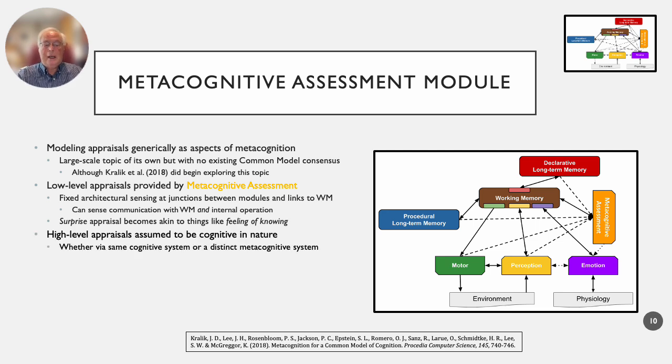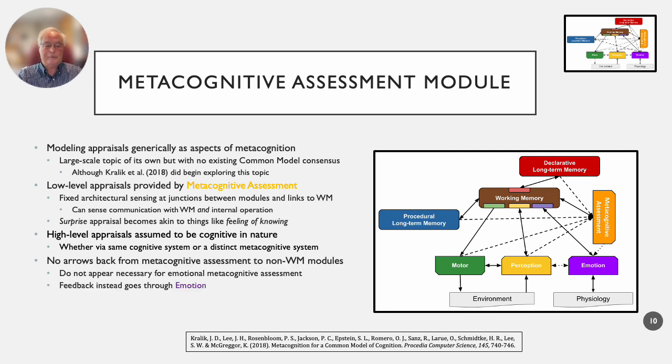High-level appraisals, as already mentioned, seem to be cognitive in nature, whether they're the same cognitive system or a distinct metacognitive system. You can find cognitive architectures that do this in both ways, and this is intended to abstract away that difference, which hopefully will be resolved when metacognition becomes a more direct topic in the work on the common model.